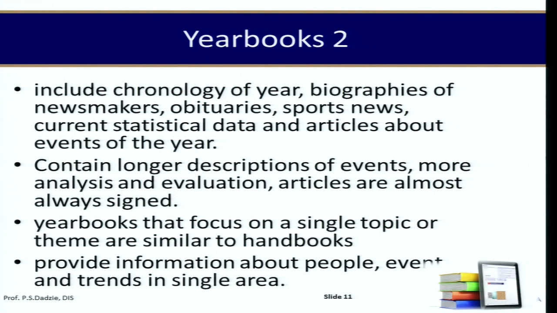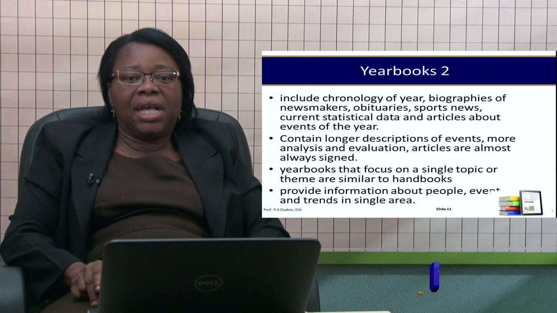So these yearbooks include a chronology of the year, biographies of newsmakers, obituaries, sports news. So they contain miscellaneous information. Now, they contain information which is longer in description than the almanacs. So the almanacs are very brief, maybe just the figures.